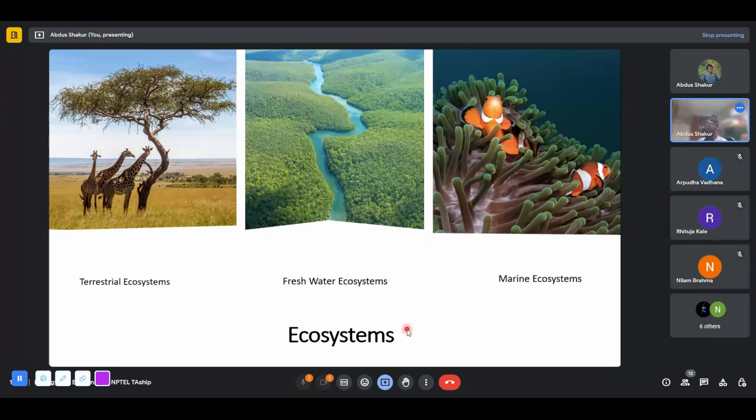Sometimes you study specific ecosystems. Either you study terrestrial ecosystems like savanna, or sometimes tropical rainforest. So you're basically studying a specific type of terrestrial ecosystem, right? Broadly, they can be classified into these three categories.